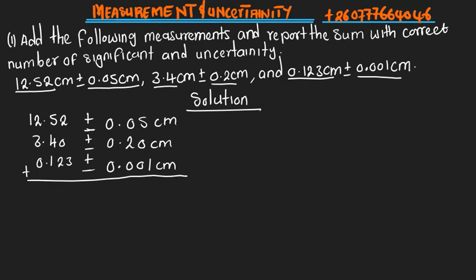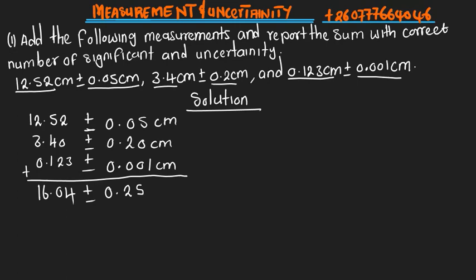We are going to get 16.04 plus or minus. Then you add the measure of errors alone: 0.5 plus 0.2 plus 0.001. We are going to get 0.7.